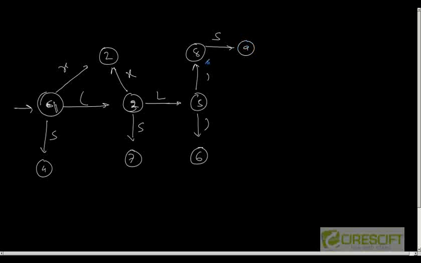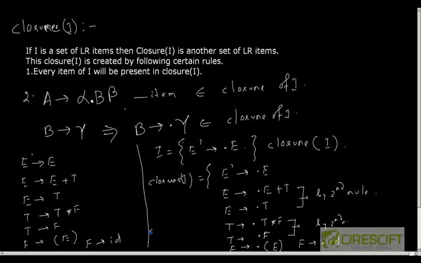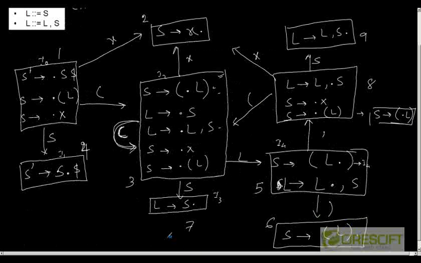From 8 also, if I hit an X I come here, and if I hit a left parenthesis I come here. Now in state 3, if I get a left parenthesis also, I remain in state 3. So this is the transition diagram for the DFA, for the set of items which we have created here. I just number the states and make a circle.